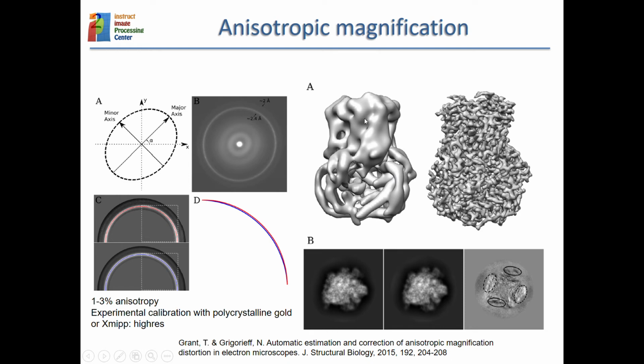One of them is without correcting for it, and the other one is correcting for it. This is something that currently I would say most of the programs do, XMIPP for sure, and I think cryoSPARC does too. About the rest I'm not so sure, so I cannot say whether they do it or not, but I don't say they don't do it.